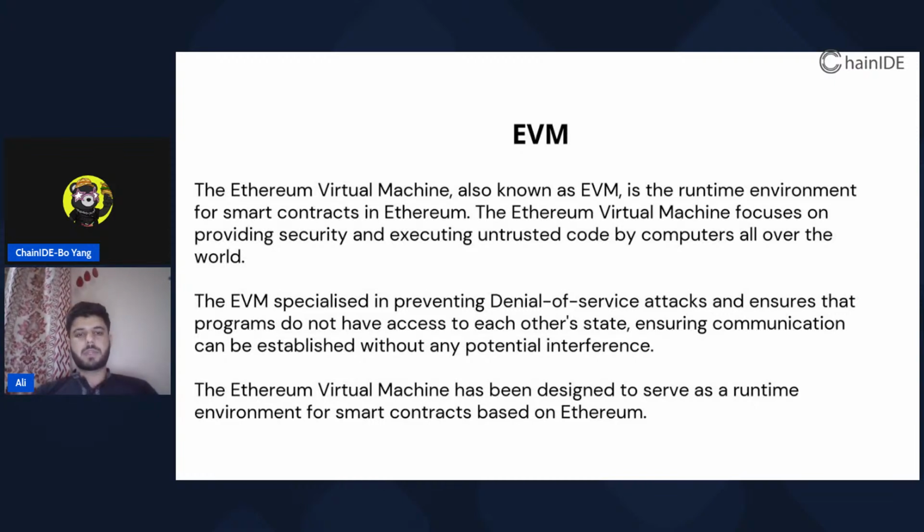And the same is the case with the Ethereum blockchain and Bitcoin. The EVM is specialized in preventing denial of service attacks and ensures that programs do not have access to each other's state. It has been designed for blockchains such as Ethereum and all other EVM supported blockchains.